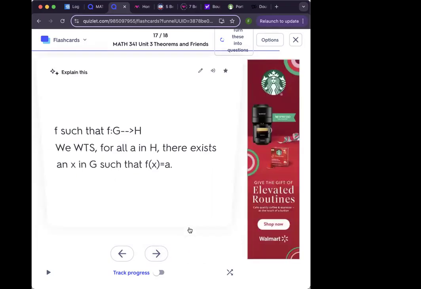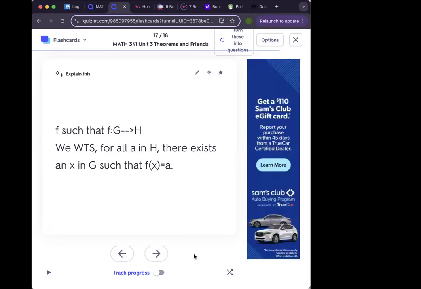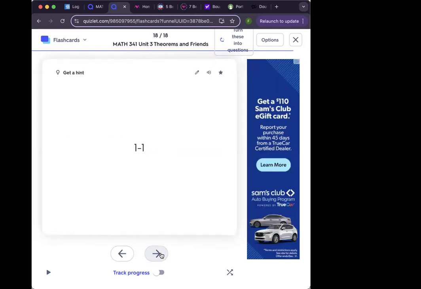Onto, we have our f such that f maps G to H, and we want to show for all a in H, there exists an x in G such that f of x equals a. So for all outputs, there's at least one input that maps to it.